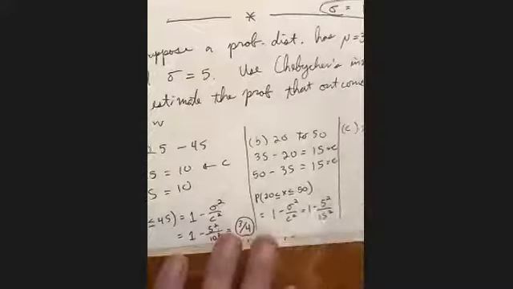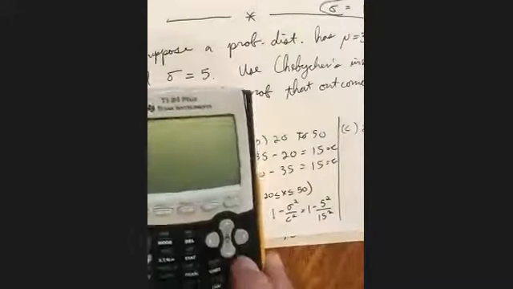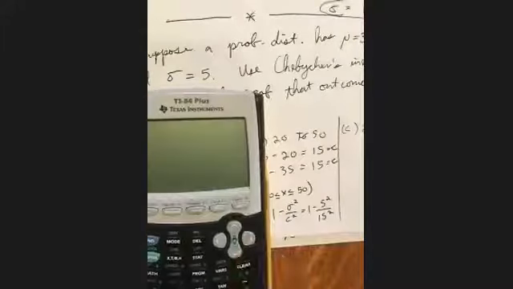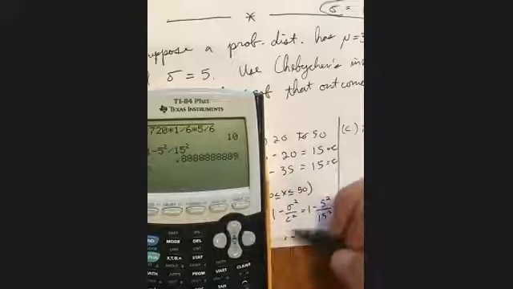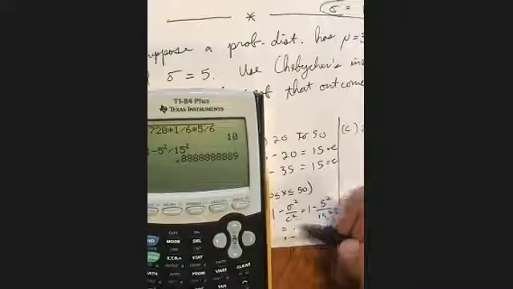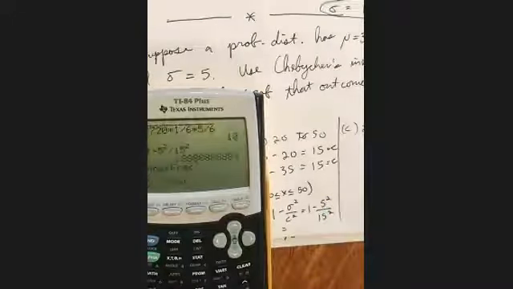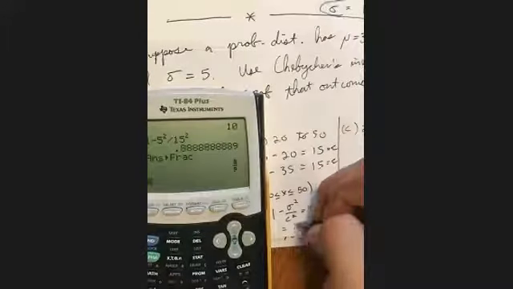So you punch that into your calculator. 1 minus, and you have to be careful here, 5 squared divided by 15 squared. And we get a probability of about 89.89. If I hit the math button and then hit frac, I can get that as a fraction, so 8/9.